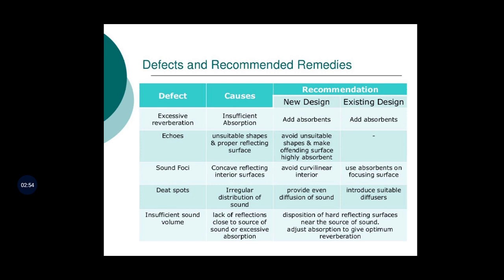What is insufficient sound volume? Lack of reflections close to the source, or excessive absorption, is the cause. What is the recommendation? Disposition of hard reflecting surfaces. This is the solution. So here you can find the solutions for each defect.